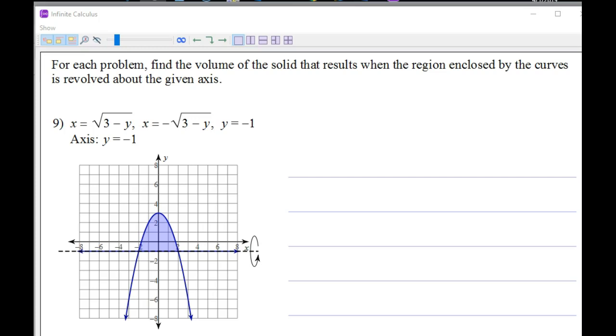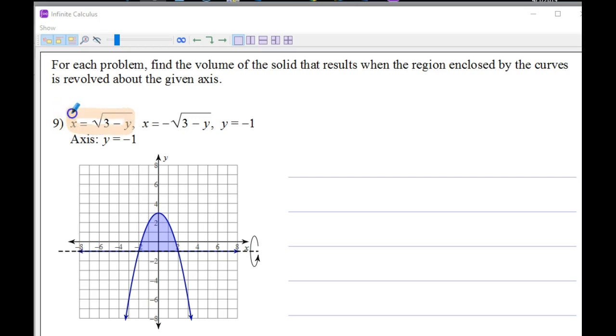Okay, so for each problem, find the volume of the solid that results when the region enclosed by the curves is revolved about the given axis. So we have x equals the square root of 3 minus y. I'm going to color code these for you.